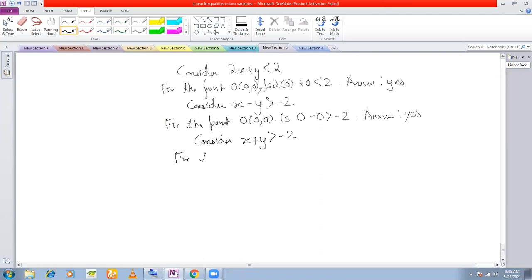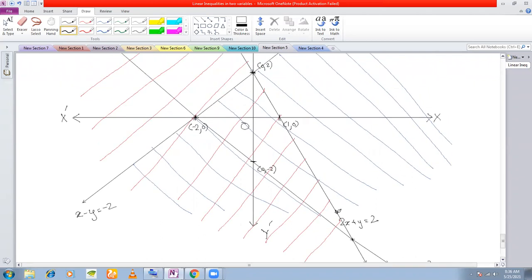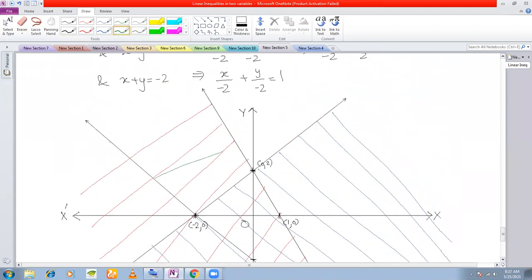For the point (0, 0), is 0 plus 0 greater than minus 2? Answer is again yes, right? So we'll shade again the origin side of this straight line. So which one is the straight line? This straight line here is this one, right? So this origin side here will be this side, right? All this.